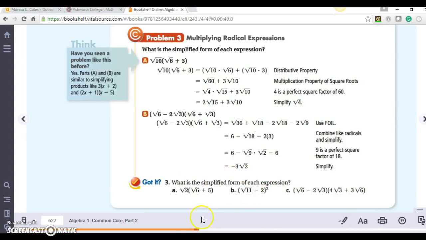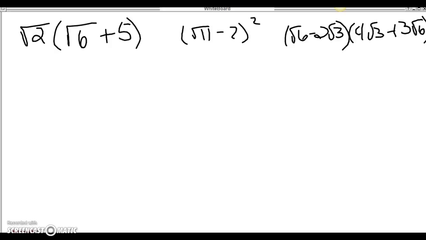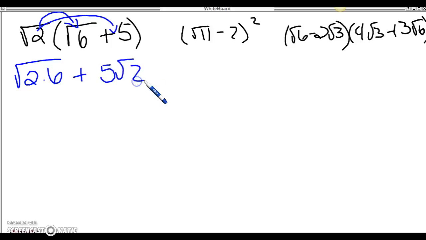So now let's do some on our own. For the first one, I'm going to use FOIL. So I get the square root of 2 times 6 plus 5 times the square root of 2. And I've left it like that because I can break that 6 down to 2 times 3.